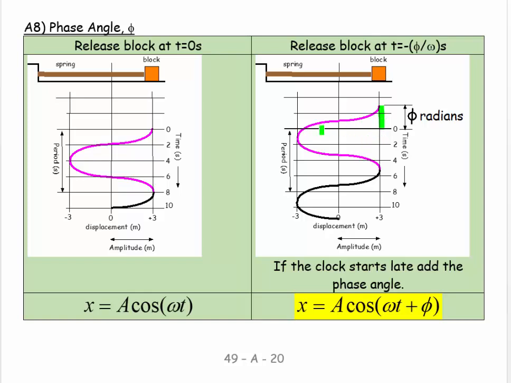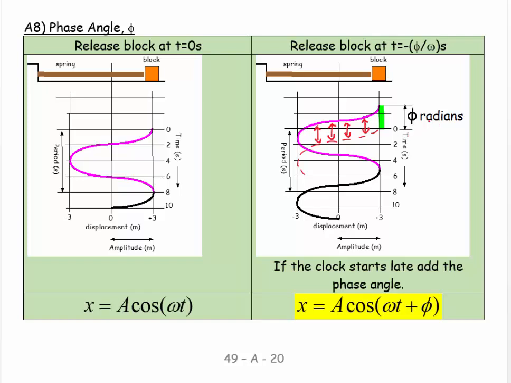But it's a constant offset error. I'm going to try and draw a curve in to show you. We think it's doing this, but in fact it's always a little bit out. But it's a constant bit out. And so all I have to do is measure this time delay and express it in radians.